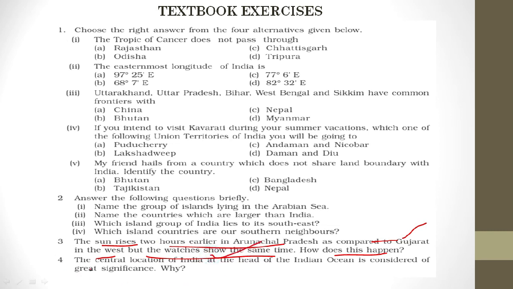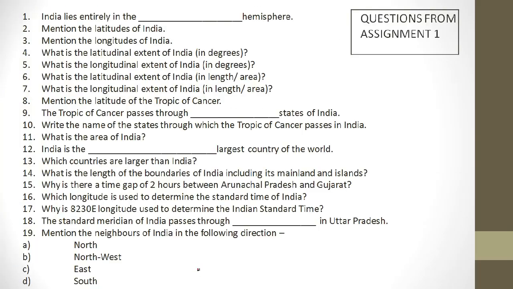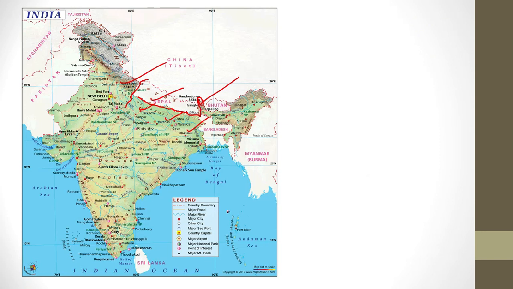Now the last question of this chapter. The central location of India at the head of the Indian Ocean is considered of great significance. Why? Students, we have discussed this topic, if you remember from the notes. Now we have seen time and again it's of great significance because since time immemorial it has helped.